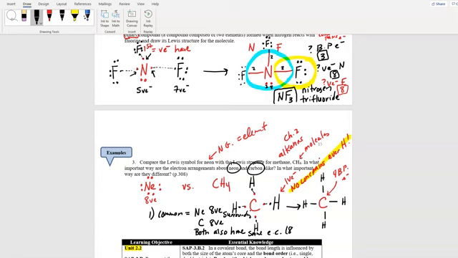And they both have their octet completed. But how are they different? Big difference. Is neon bonded to anyone? Is he bonding to anyone?